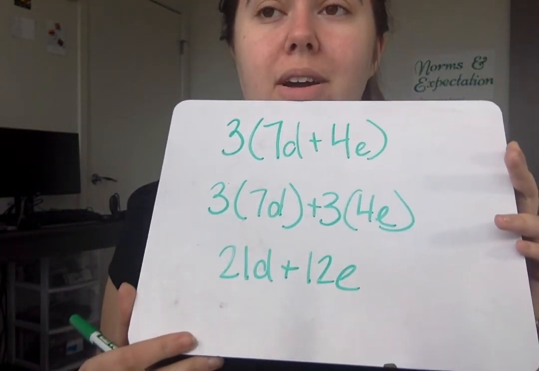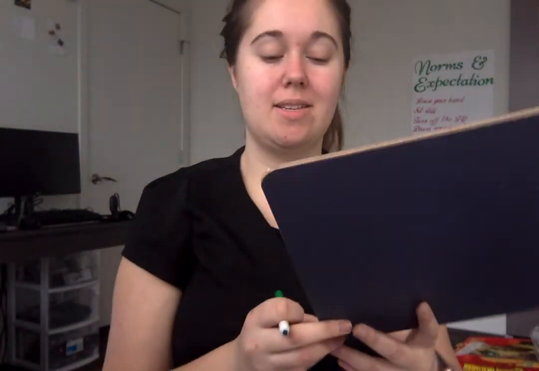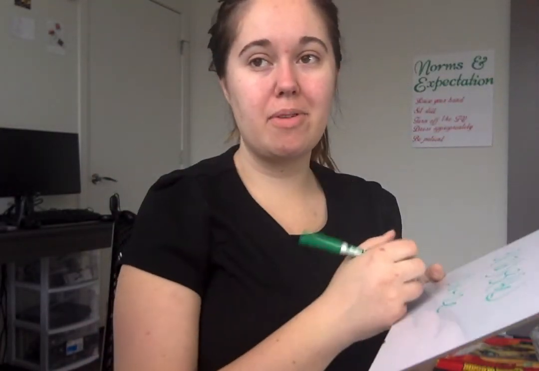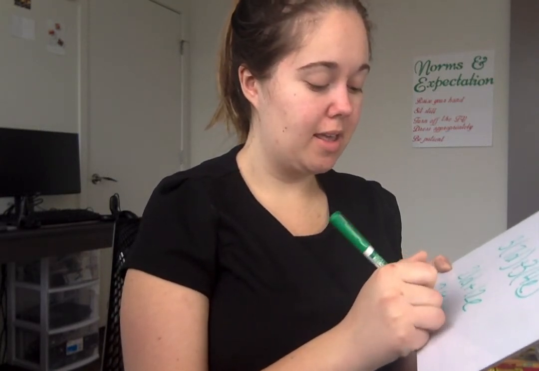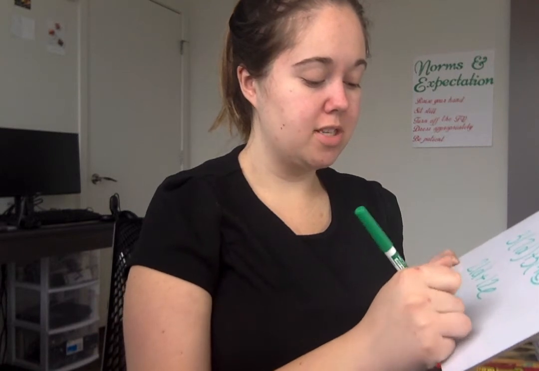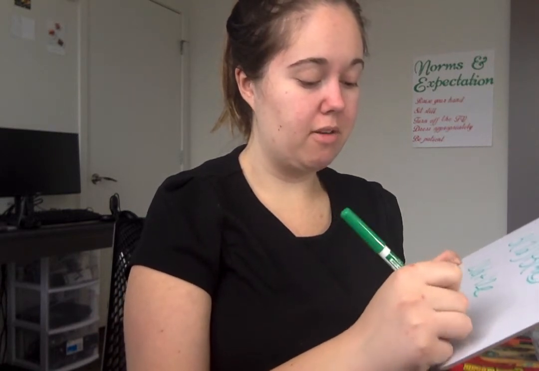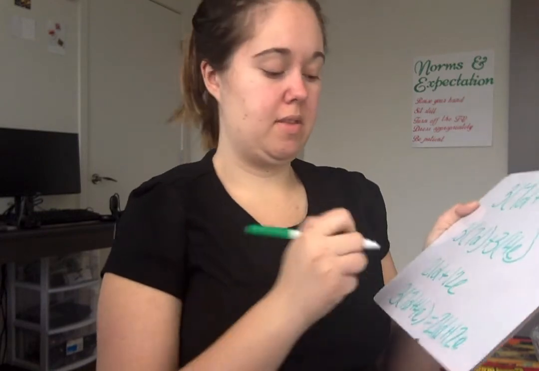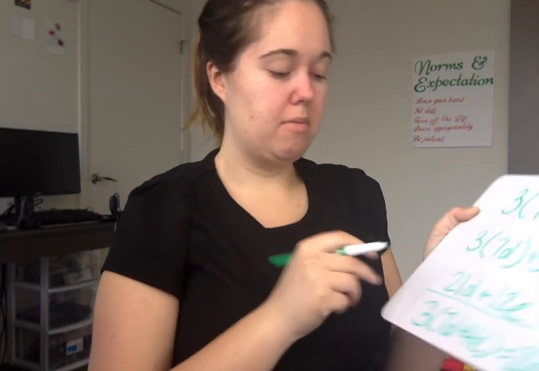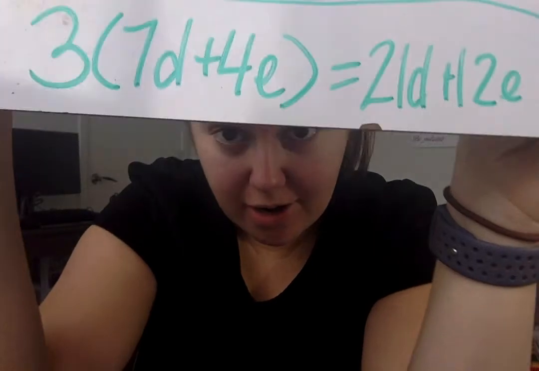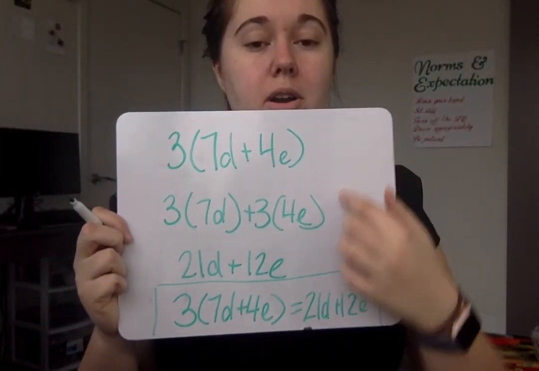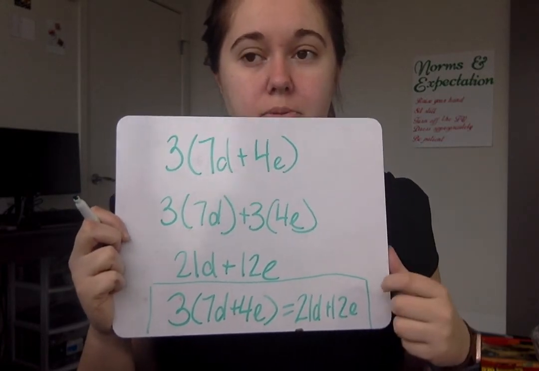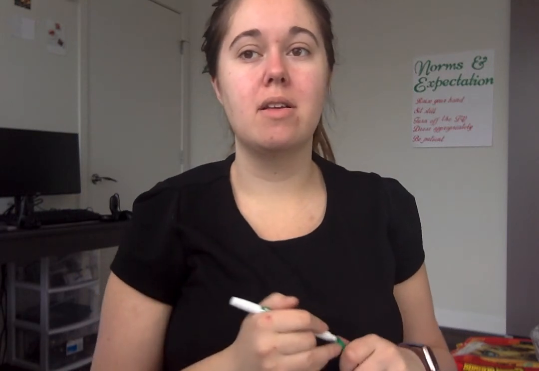We've got a couple different ways to write this, but in the end, what we've learned is 3 times 7d plus 4e equals 21d plus 12e. I'm going to box that off so you can see exactly what our answer is. And there we go. So we've got our work, and then our answer. We make our answer super clear, and then we get to move on from there.